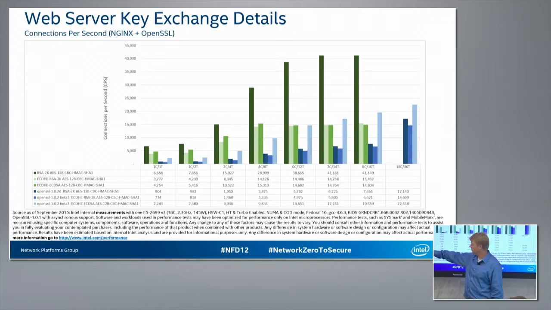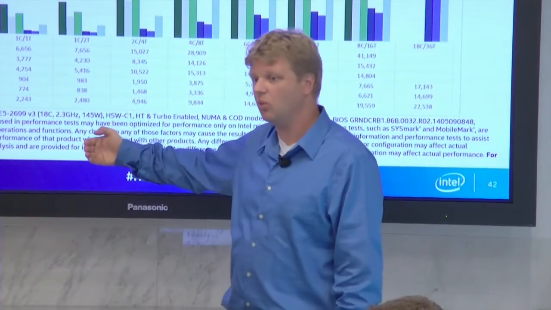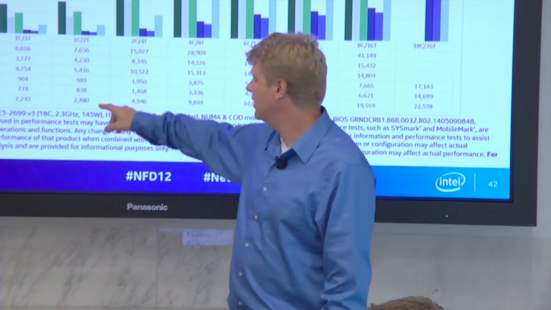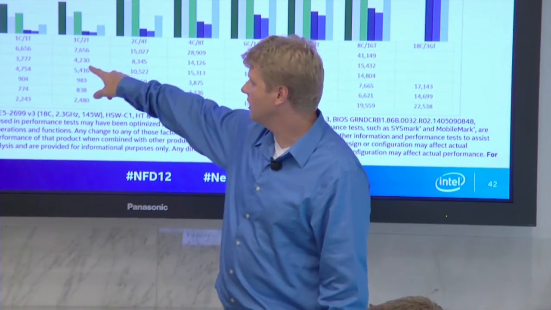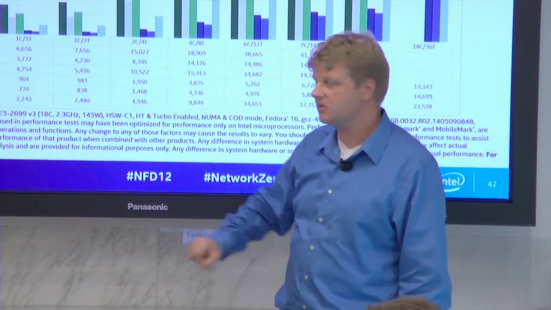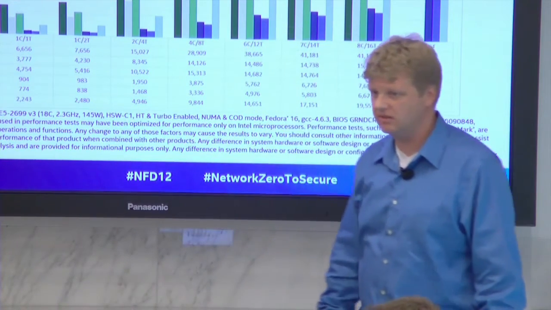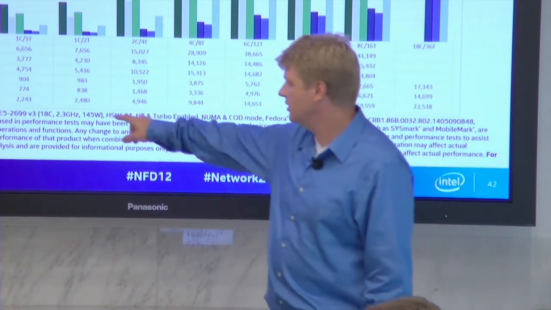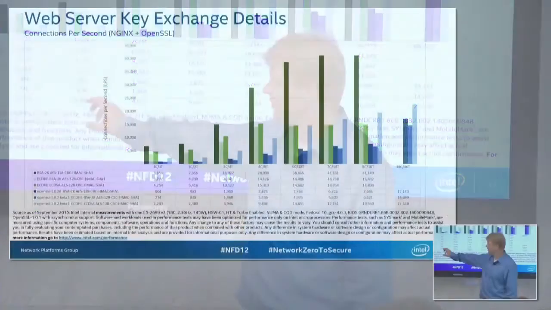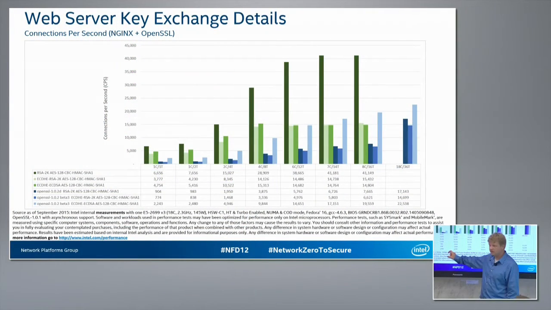If we go down to the elliptic curve Diffie-Hellman ephemeral with RSA2K, that has an RSA component with elliptic curve Diffie-Hellman on top of it. Hardware is at 4,200 connections per second. Software is 838. And then you go down to the elliptic curve. Elliptic curve is cheaper than an RSA2K operation. Software can go up to 2,400. And hardware is at 5,400.